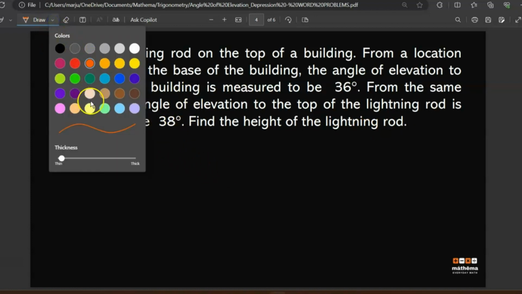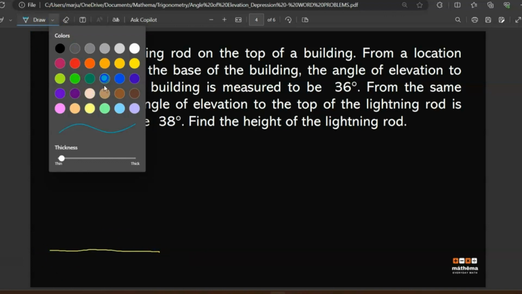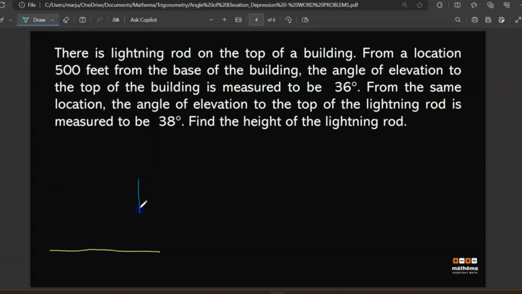So basically, what we are going to do now is, again, set up our illustration. So if this is our ground, and again we have here a building, and on the top of that building we actually have a lightning rod.